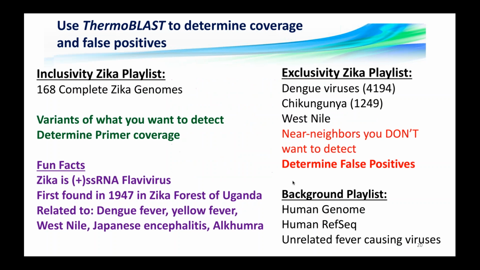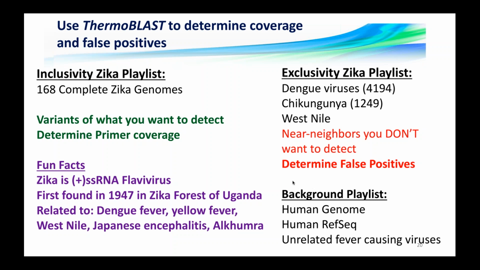While we're on the topic of ThermoBLAST, we have this thing called the playlist that I wanted to share with you. There are 3 different types of playlists that I'll be showing you. One is called the inclusivity playlist. This is the list of variants of the genomes that you want to detect and that you want your primers to cover.